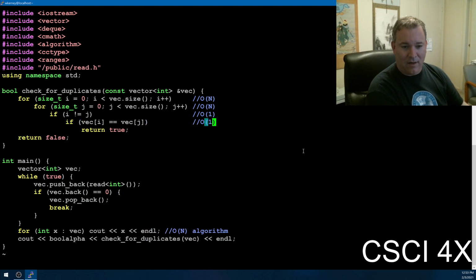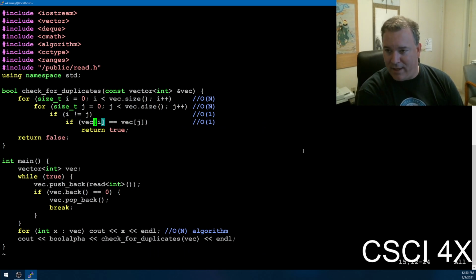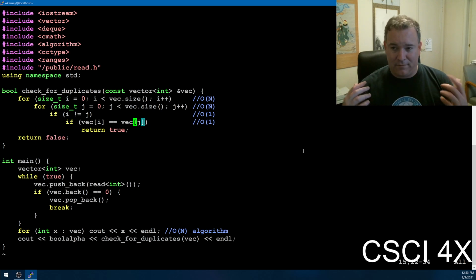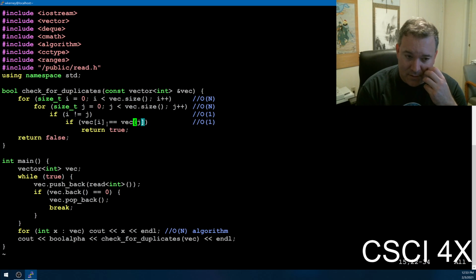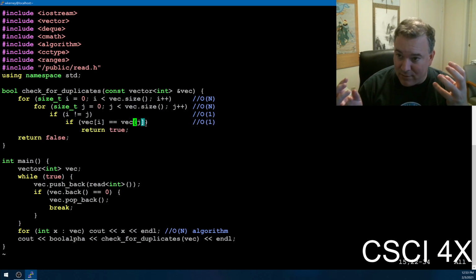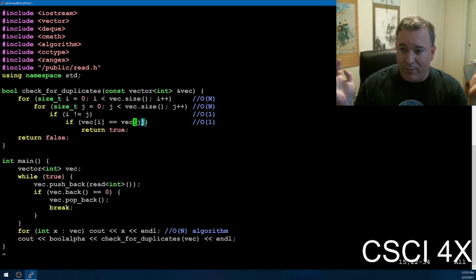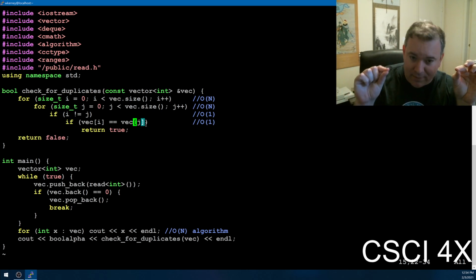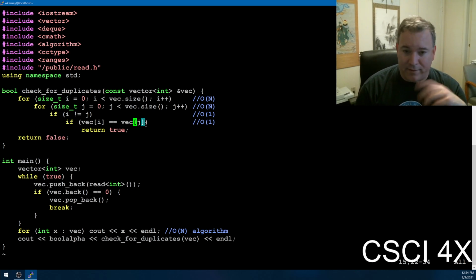It does not take longer to compare element 5 with element 7 if there are a billion elements or if there's 10, right? Because this leaps to a spot in the vector immediately. This leaps to a different spot in the vector, and it compares the two of them, and it doesn't matter how big the vector is. That line of code right there takes one operation, we'll say.